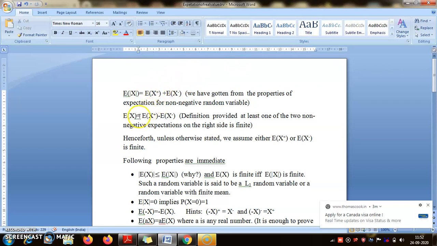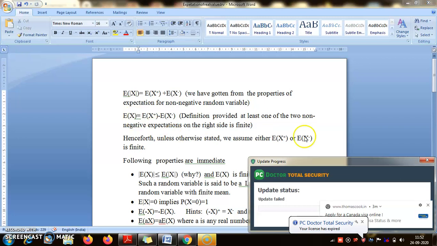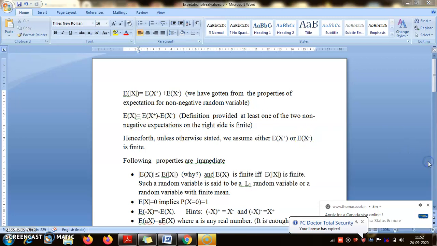Now let us recall the definition of expectation of X for any real valued random variable. We had defined it as the difference of the two expectations, where X plus and X minus are the positive and the negative parts of X, and the expectation of X is defined if and only if at least one of them is finite.